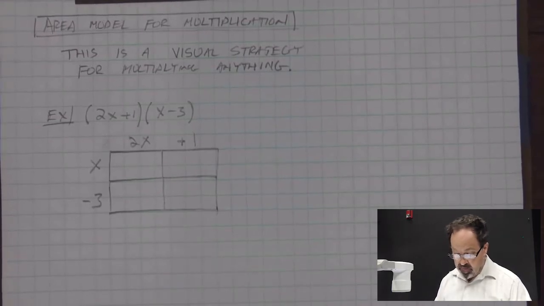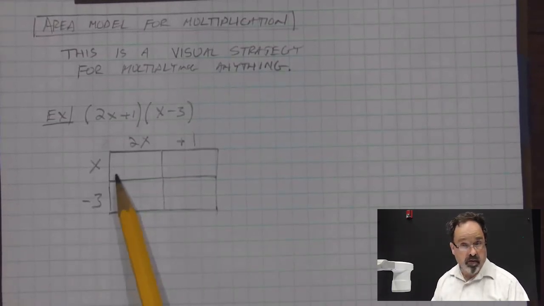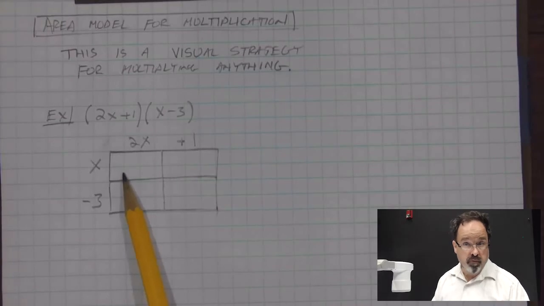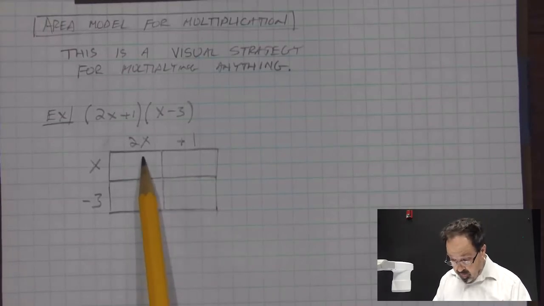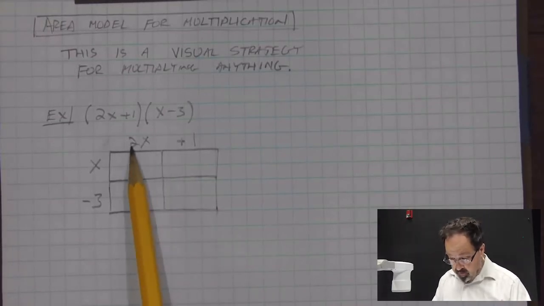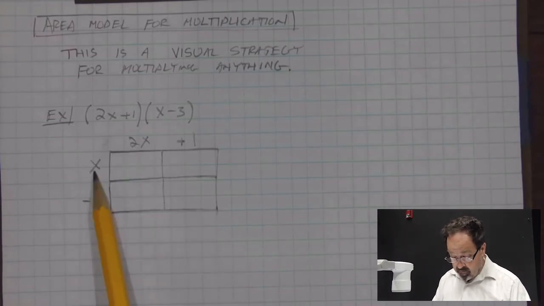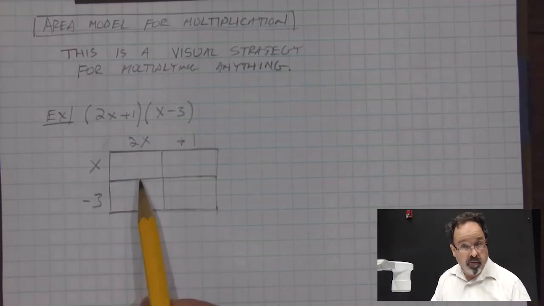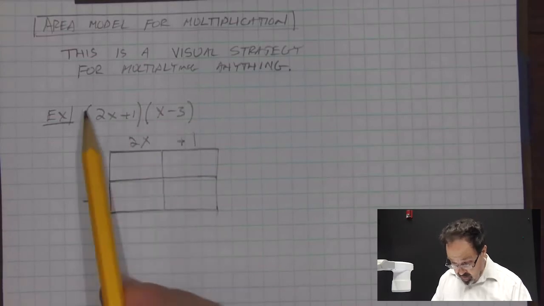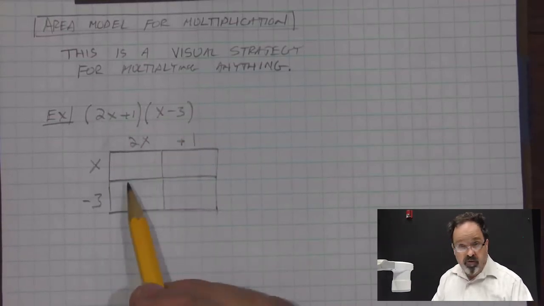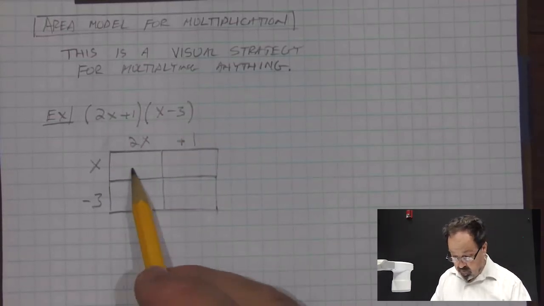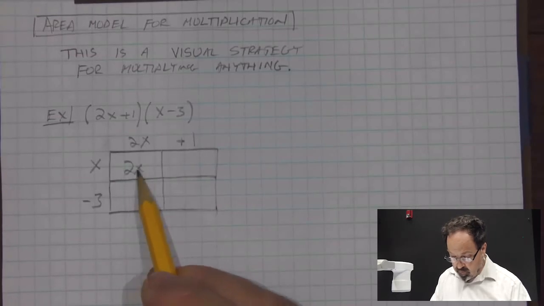Now I'm going to busy myself finding the product of just those terms. So if I wanted to find the product of 2x and x, I do that math, which is simpler than the entire multiplication problem. It's just a piece of it. 2x times x is 2x squared.